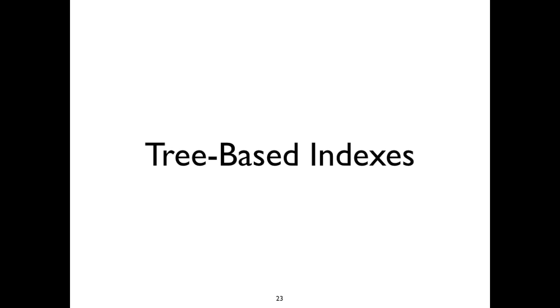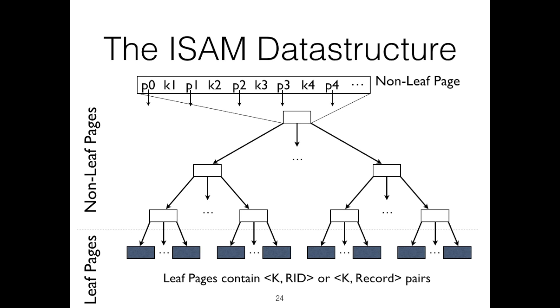So this brings me to the first class of indexes that we're going to look at today. And this is a huge family of different index structures. We're going to look at 2 of them in particular, but generally referred to as tree-based indexes, because they build a tree.